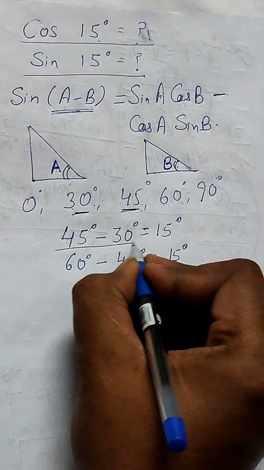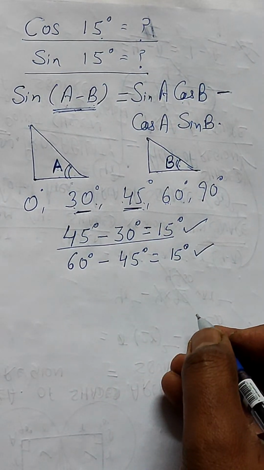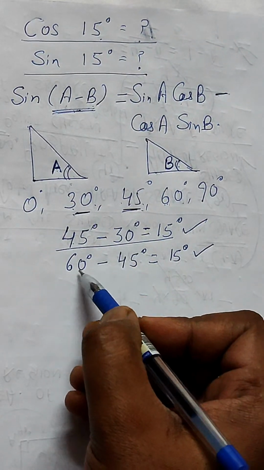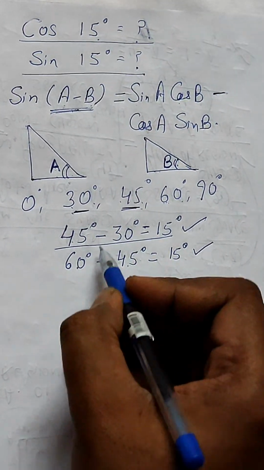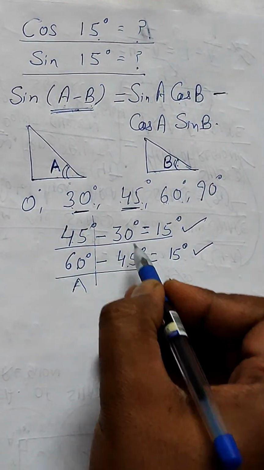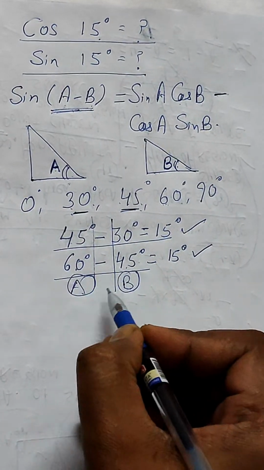So we can select either this or this. So the value of A and B could be 45 and 30, or could be 60 and 45.